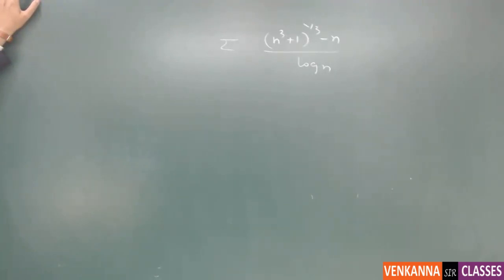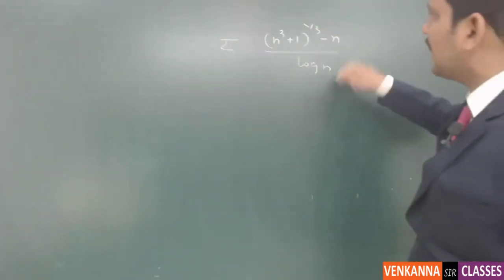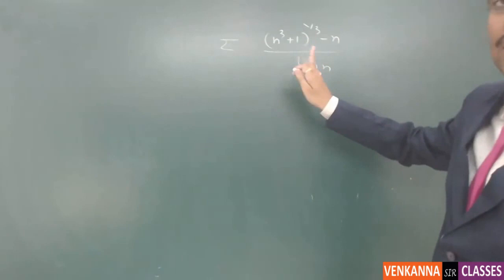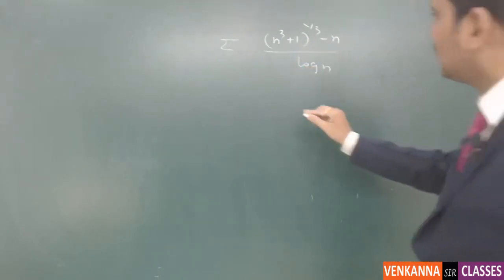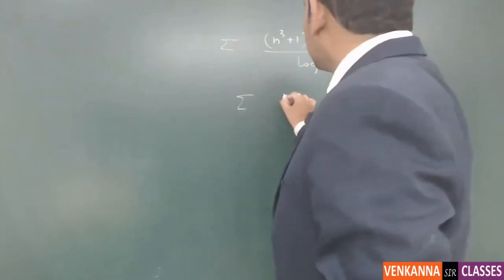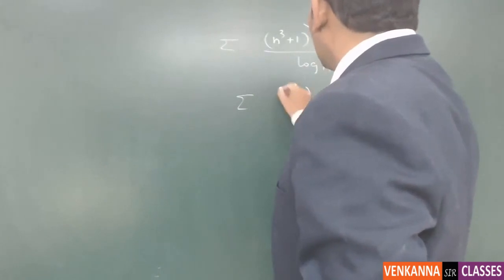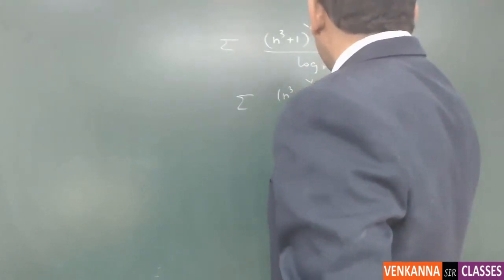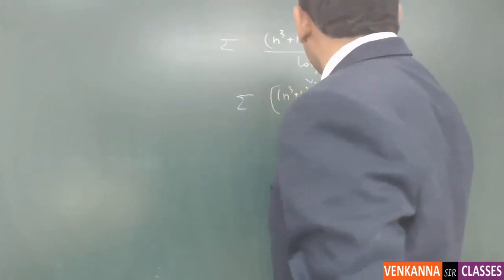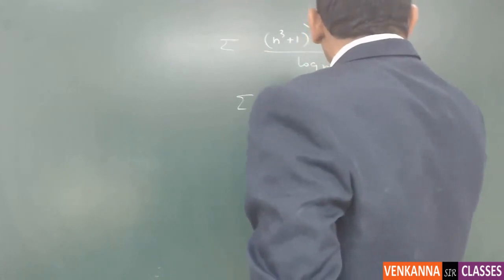(n cube plus 3) whole power 1 by 3 minus n, whole divided by log n. So the very idea is, if you consider this whole thing as a single series, you have a confusion. Let us feel that this is nothing but (n cube plus 1) whole power 1 by 3 minus n, into 1 by log n.